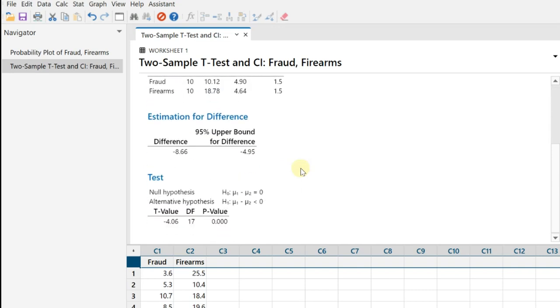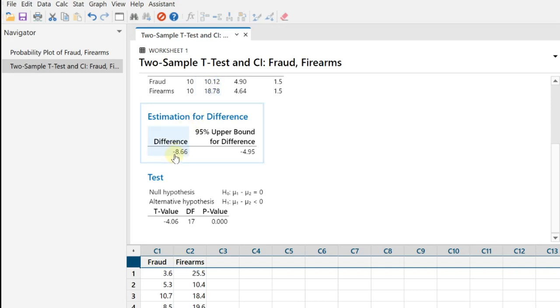Now, one thing that by default you get is this information right in here, which we actually don't need. This confidence interval is not how I got my confidence interval. This is a one-sided confidence interval. Ignore this. The difference between the two means, that's 18.78 minus 10.12, that's going to be 8.66.